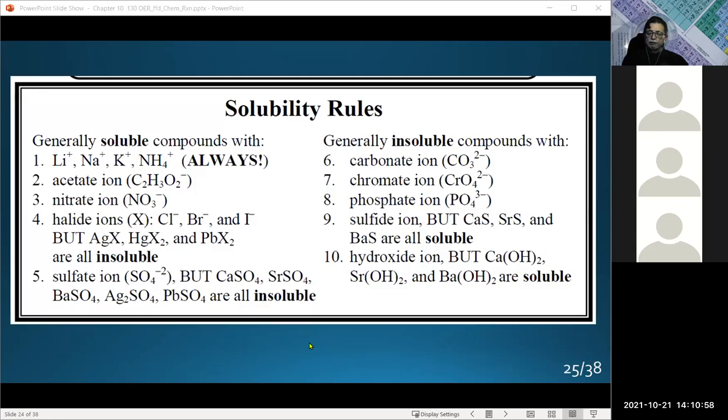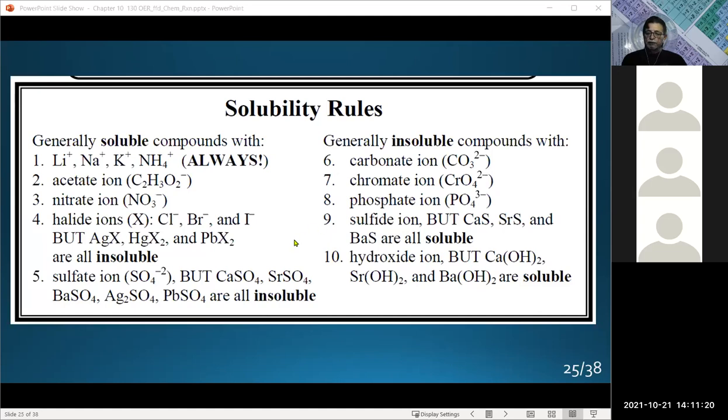Okay, we got to use the solubility rules. Refresh your memory on those. We have the left column, which is the soluble column, and then the right column, which was the insoluble. There are some exceptions to the halides, for example, that are normally soluble, except for 3 examples.